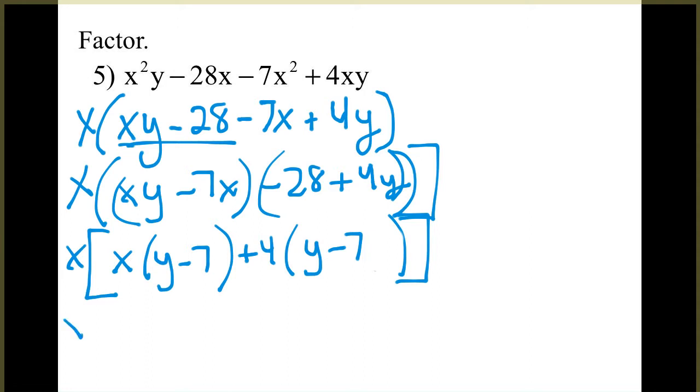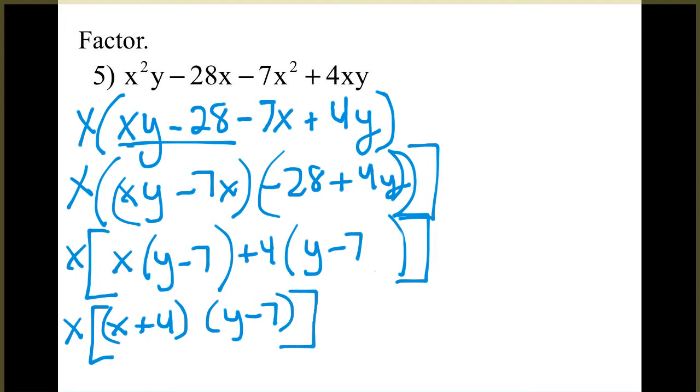Now, what I'm left with is x plus 4 times the quantity of y minus 7. Alright, check your work before I erase it.